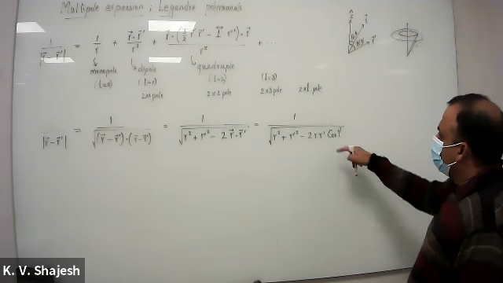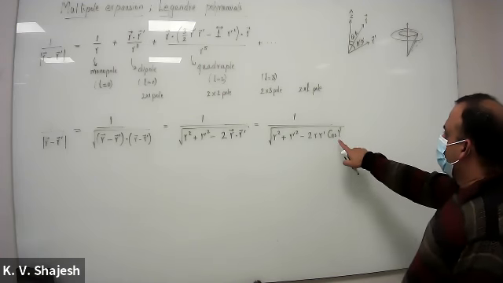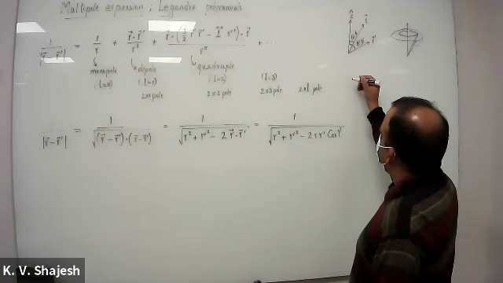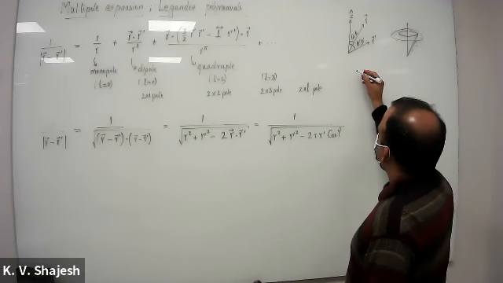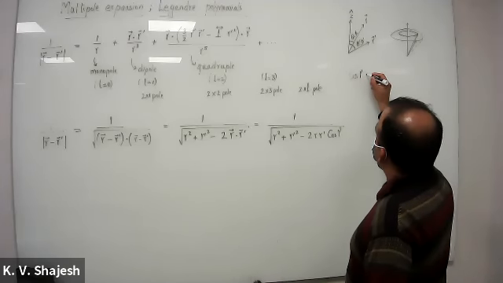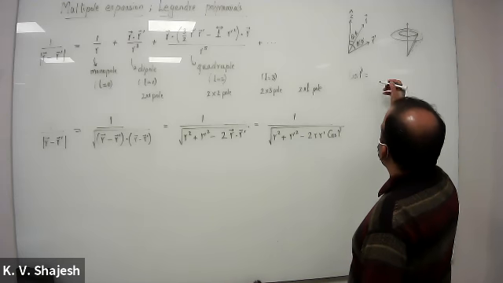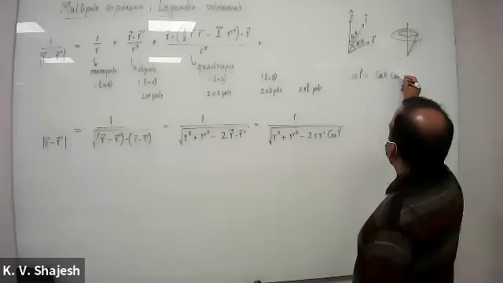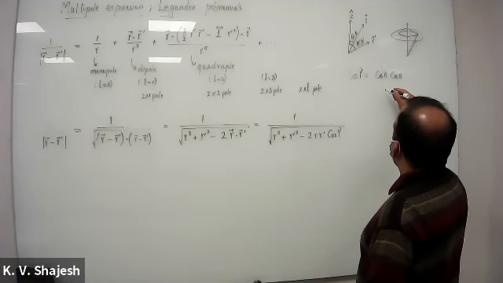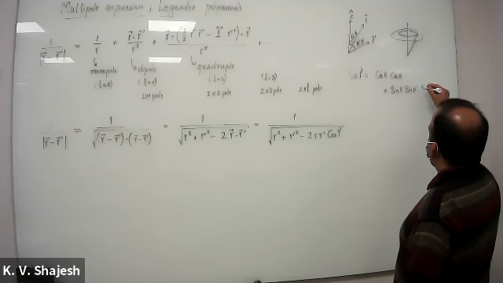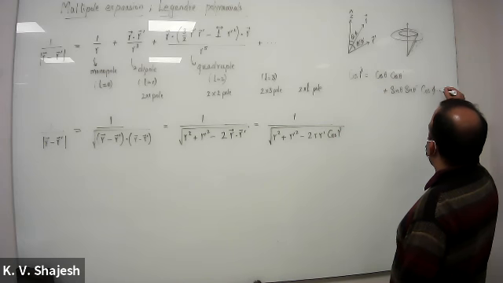So what is cosine gamma in general in terms of theta and theta prime? We did this last time. We said cosine of gamma is equal to cosine of theta times cosine of theta prime plus sine of theta times sine of theta prime times cosine of phi minus phi prime.